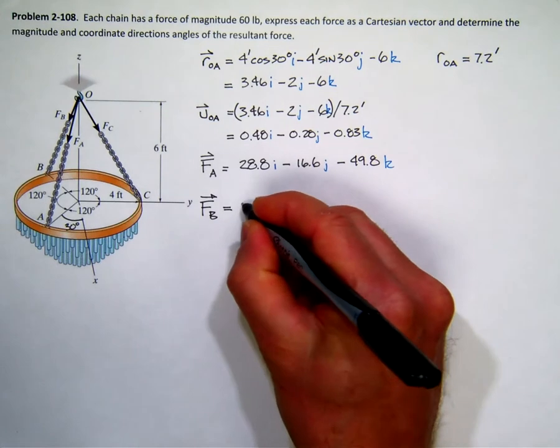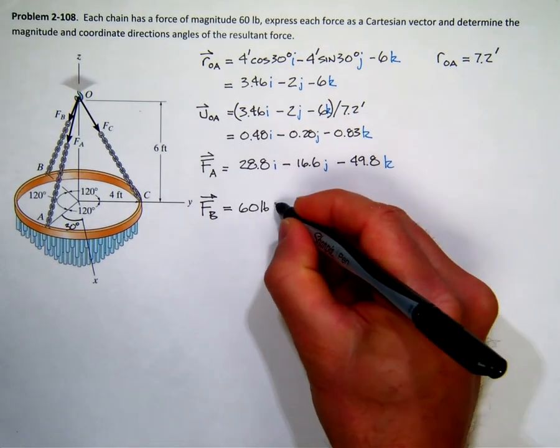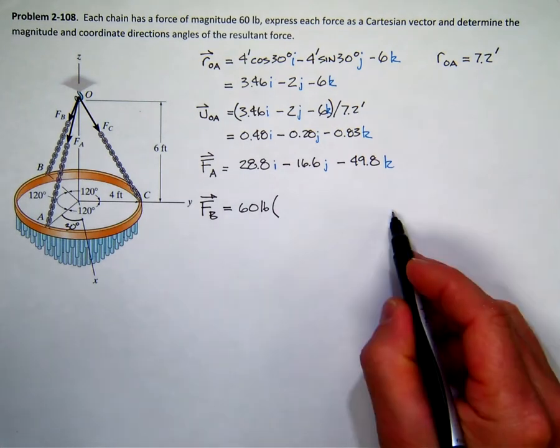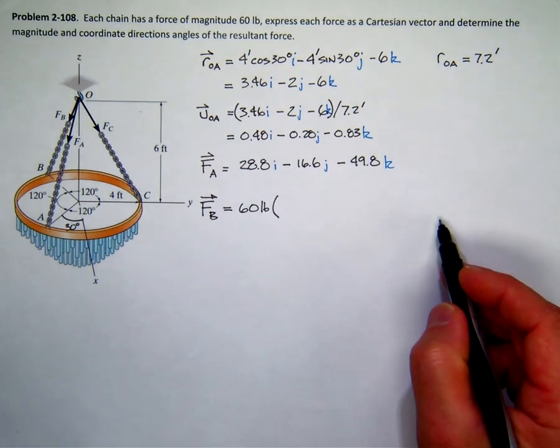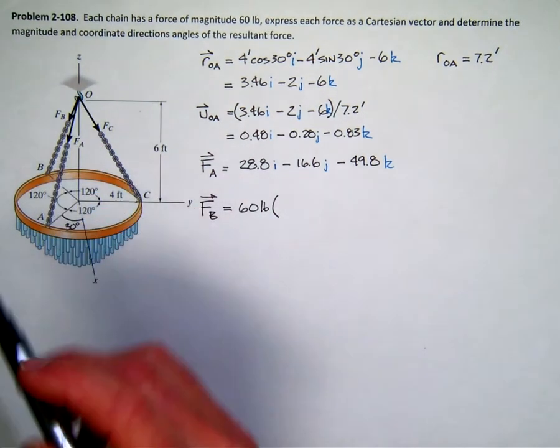So I know starting off that it's going to have a magnitude of 60 pounds. And then I want to write in the position vector, and then I'll divide it by the position vector length. So what is the position vector going from O to B?